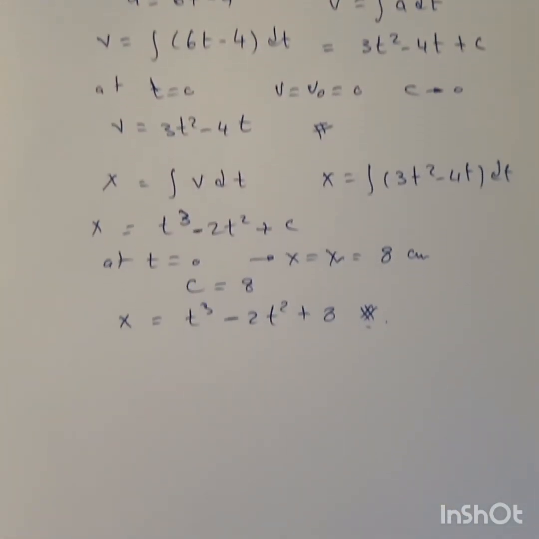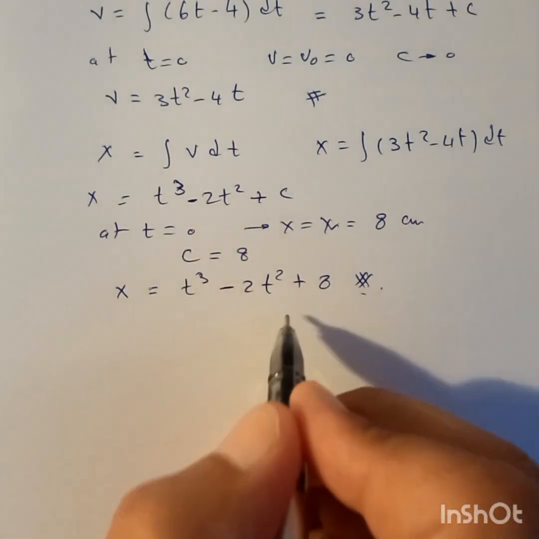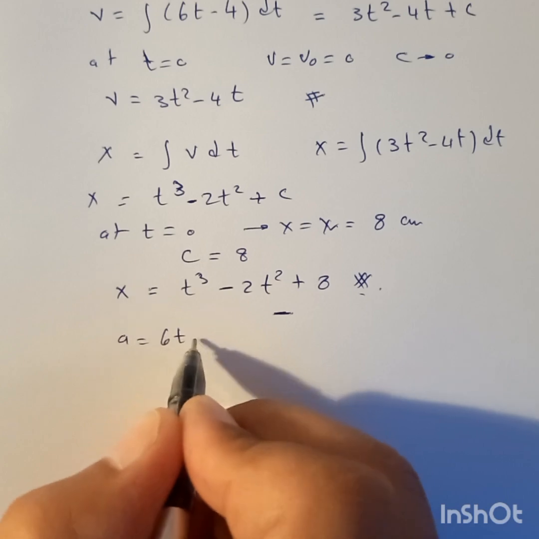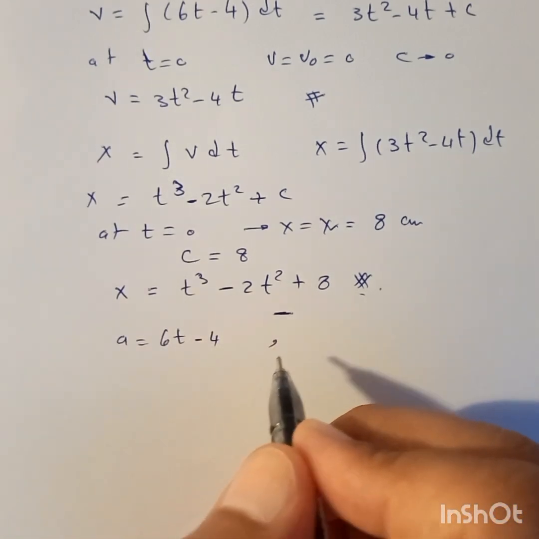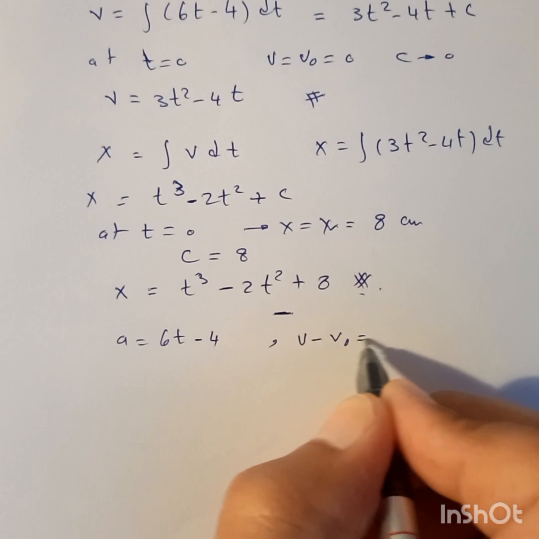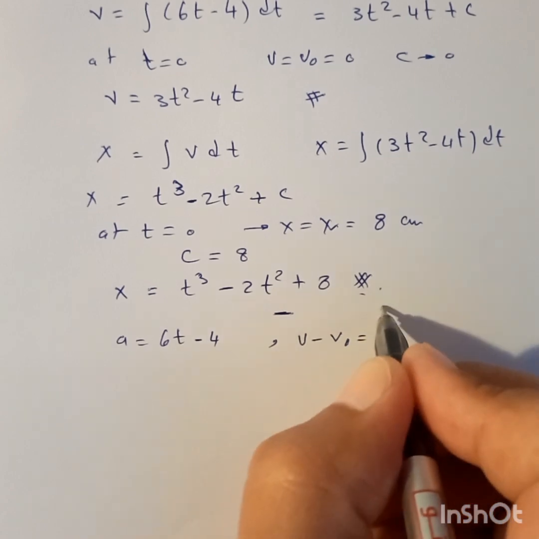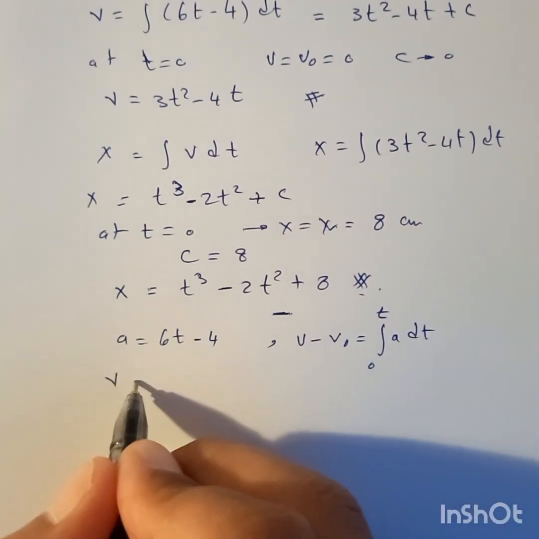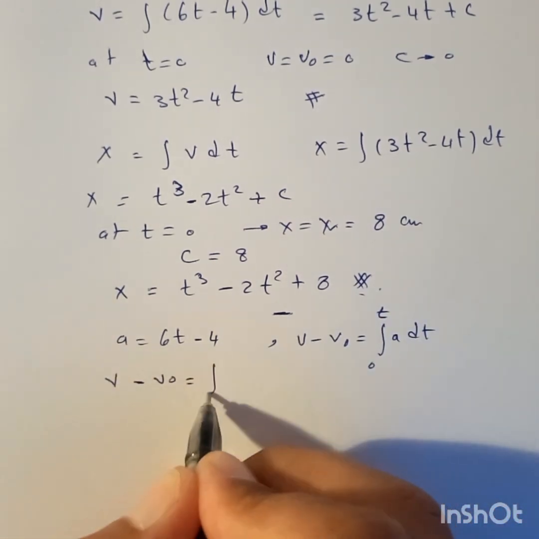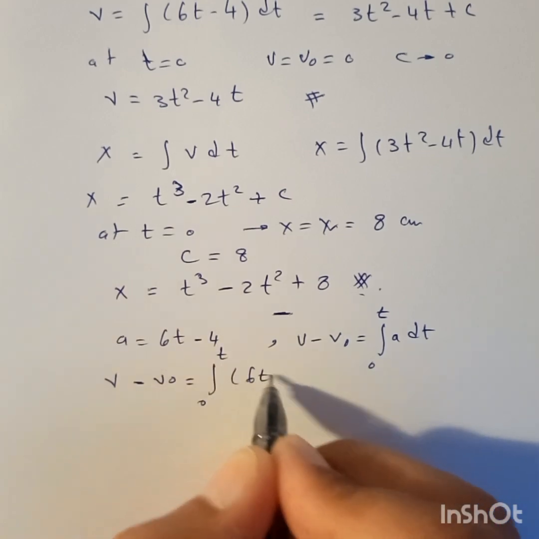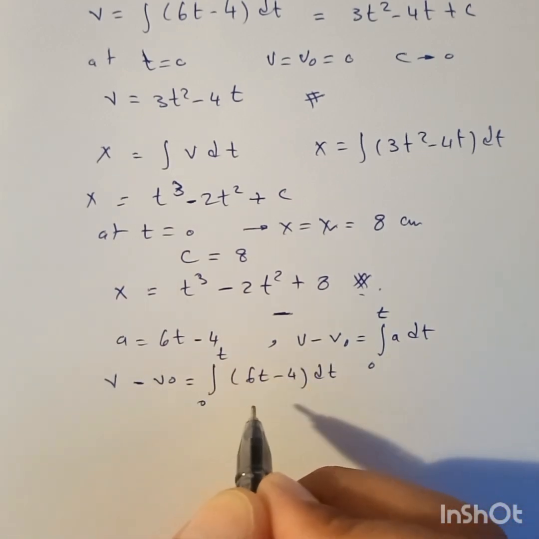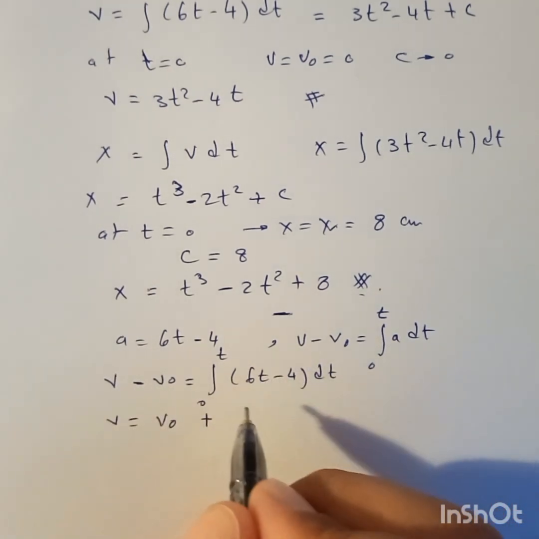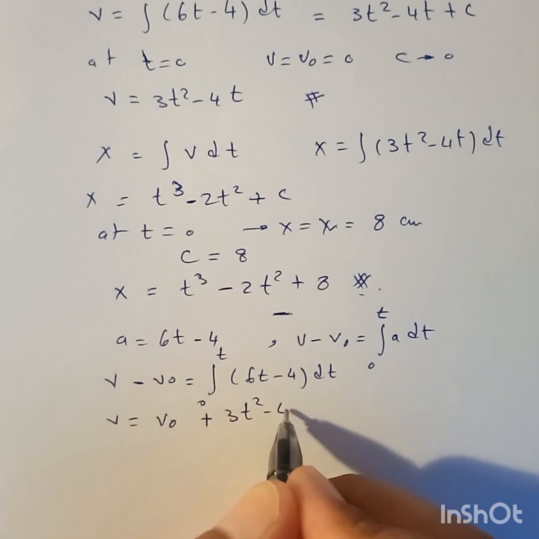Now we can solve this problem by using definite integration. By using definite integration, we have a equals 6t minus 4. And by definite integration, we have v minus v naught equals integral from t equals 0 to t of a dt. Then we have v minus v naught equals integral from 0 to t of 6t minus 4 dt. Then we have v equals v naught plus this integration, here we have 3t square minus 4t.